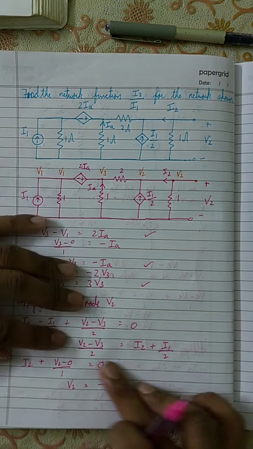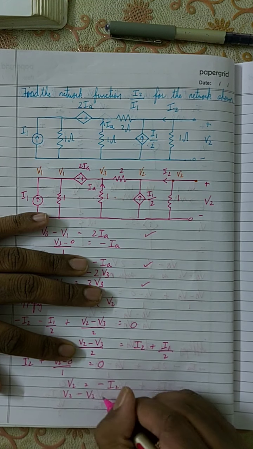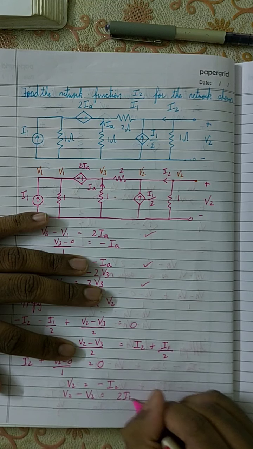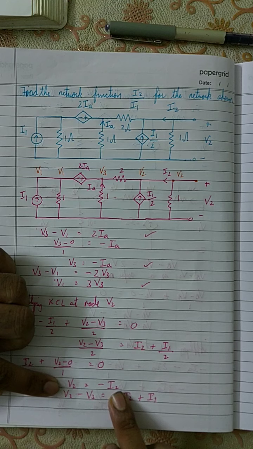So what do you get over here? I get V2 minus V3 is equal to 2I2 plus I1, and V2 is minus I2.